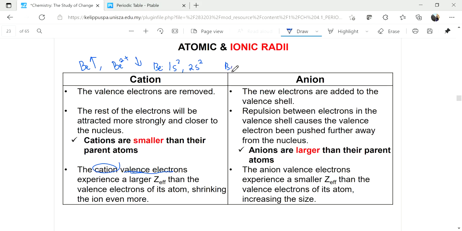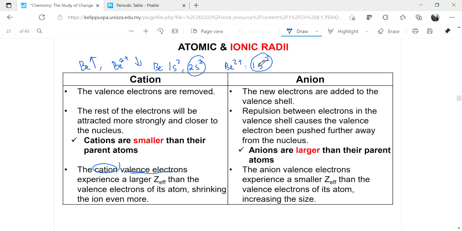In the beryllium ion, the electron configuration is 1s2. 2 electrons from the valence orbital are removed, and when we remove this valence electron, the attraction of electrons in the 1s orbital towards the nucleus is higher.